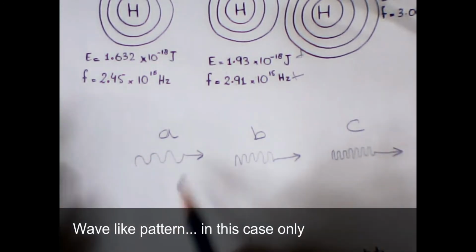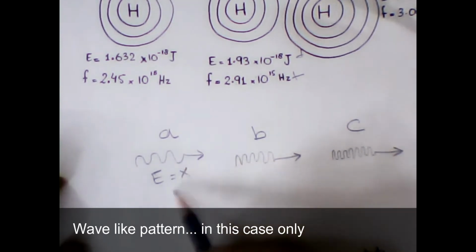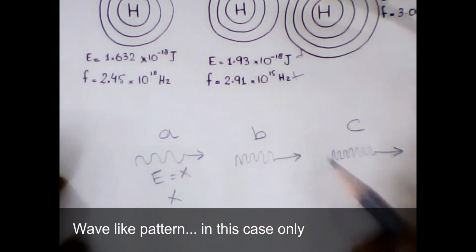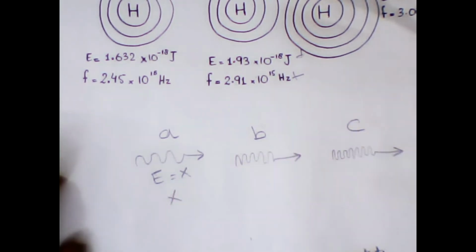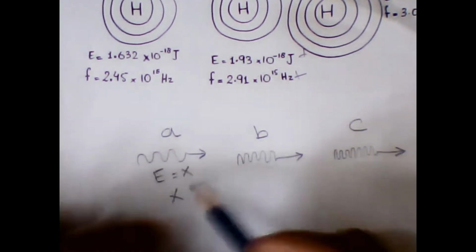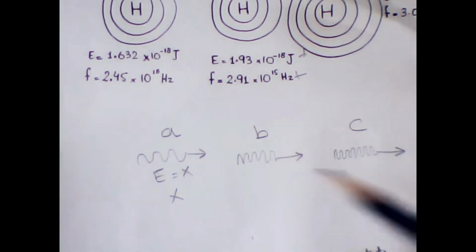Let's say that radiation A has X amount of energy, so it corresponds to X frequency. Radiation B has more energy than radiation A, so its frequency is more than the frequency of A, and it can accelerate faster.